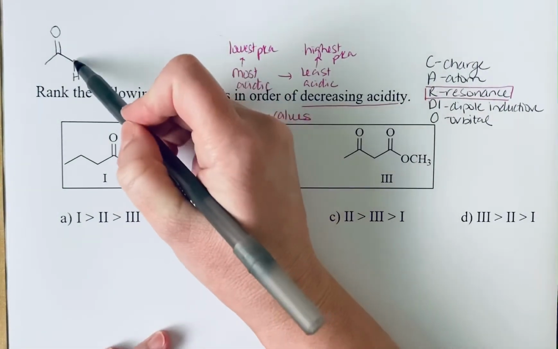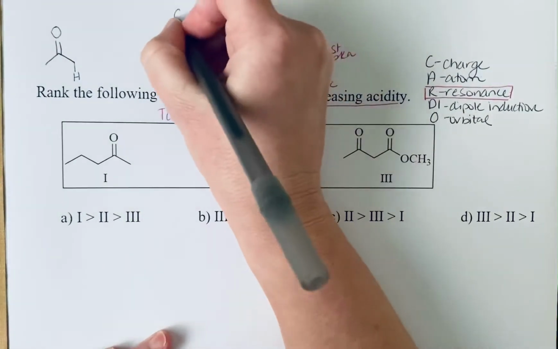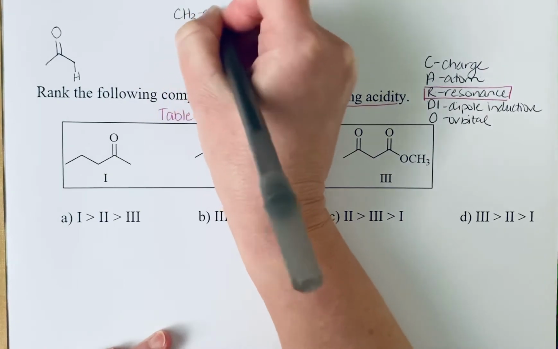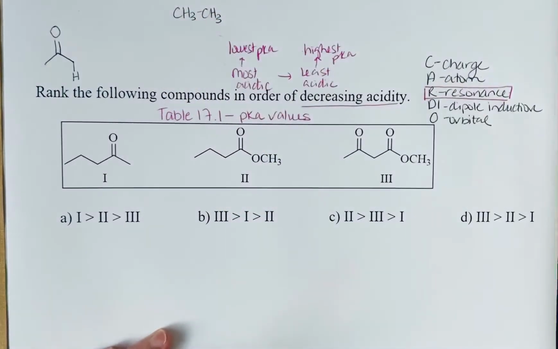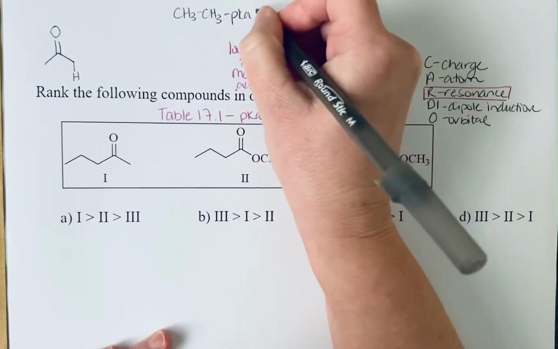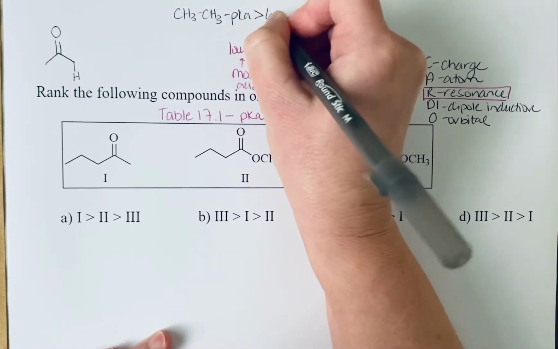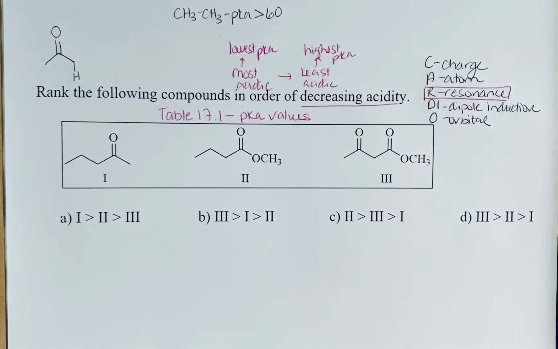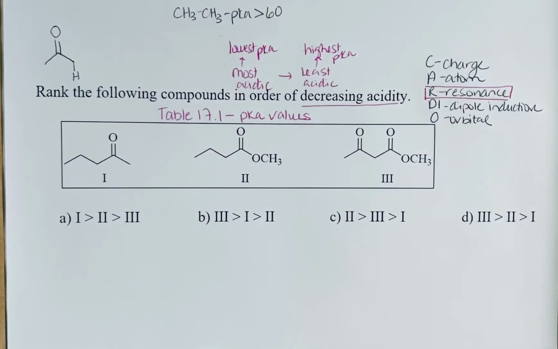Without considering resonance, you might say, okay, if we've got a regular alkane, something like ethane, you're looking at a pKa value that's really high. Our textbook lists this as greater than 60, and so you can interpret that as not acidic at all.